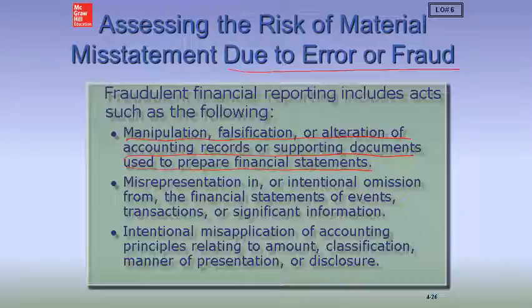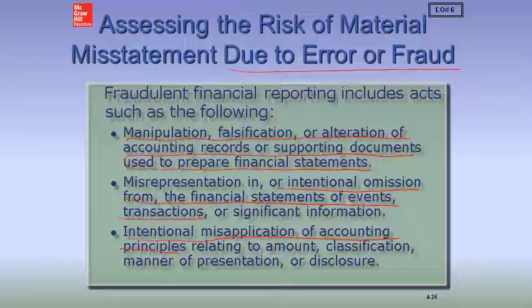Manipulation, falsification, or alteration of accounting records or supporting documents. So it could be the records, or the supporting documents that they're providing us, that have been altered intentionally, and those are then used to prepare the financial statements. Intentional omission from the financial statements: not putting down liabilities, not putting down expenses. Intentional misapplication of accounting principles, to the end of whoever's causing that to happen, maybe skewing the revenue recognition rules, for example, to their benefit.